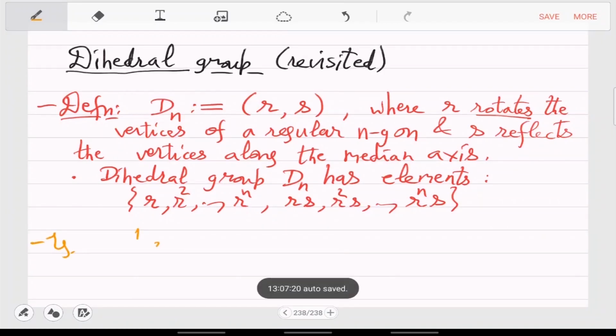So this n-gon is labeled by 1, 2, 3, 4, 5. What will happen if you apply r?